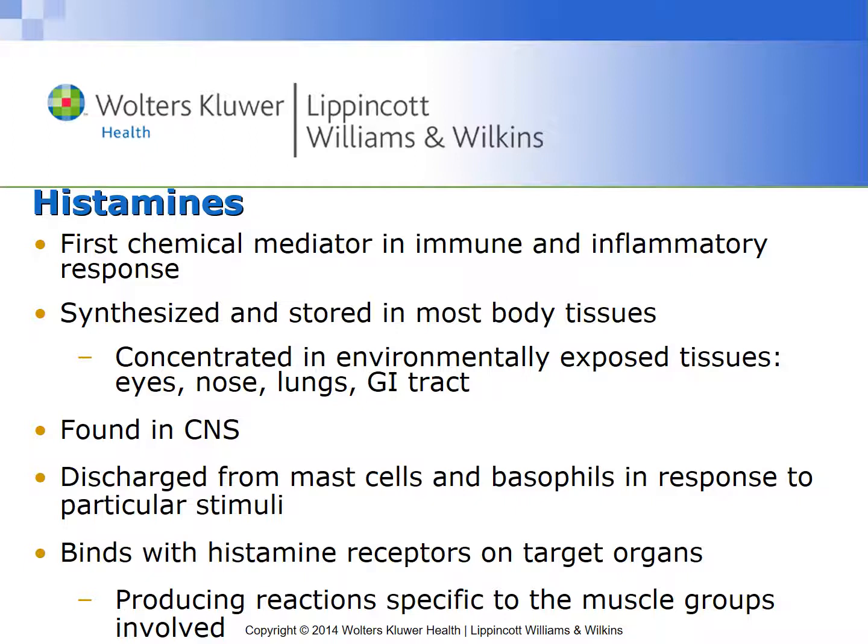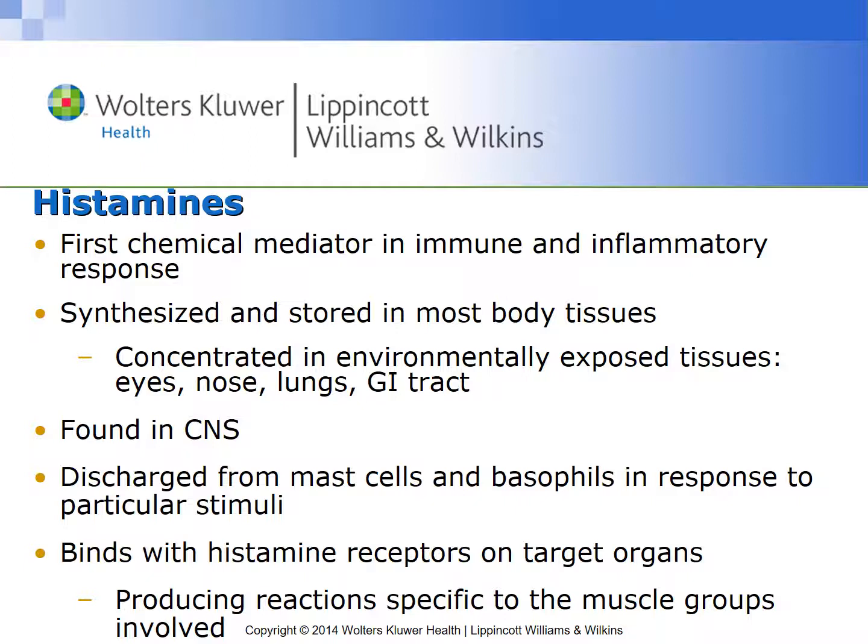And when histamine is released, it binds with the H1 and H2 receptors. So we have this chemical mediator, histamine, that's released, and then it has to attach to receptors on target organs, and specifically H1 and H2 receptors.